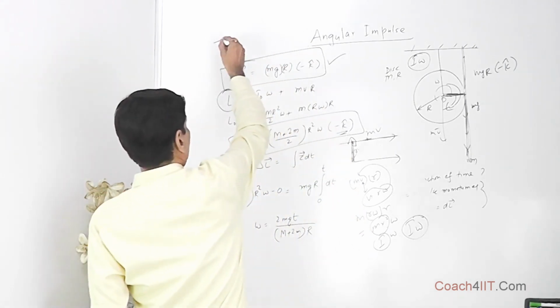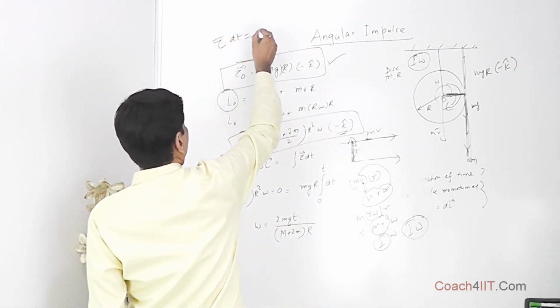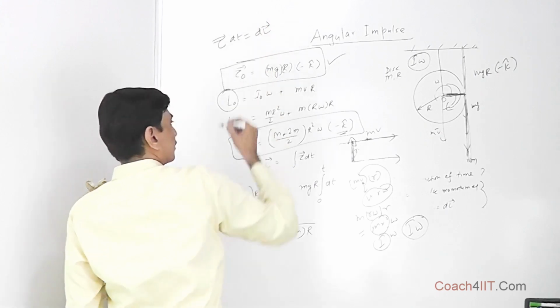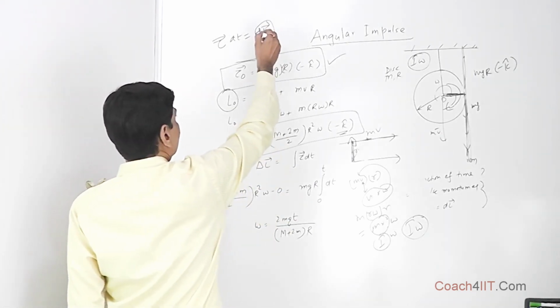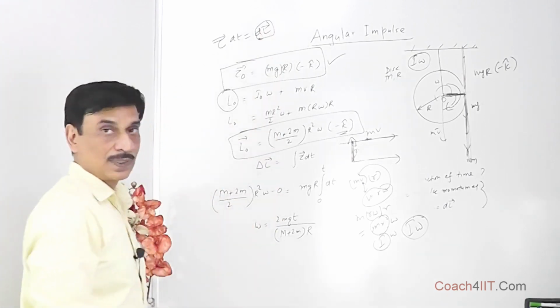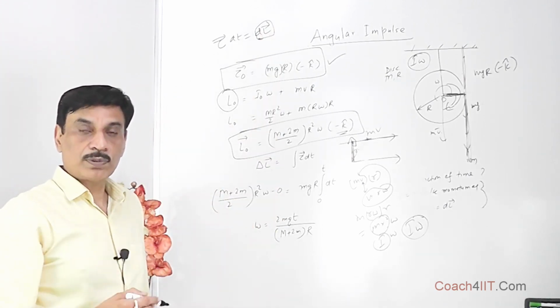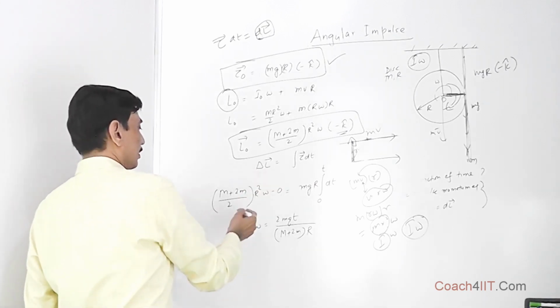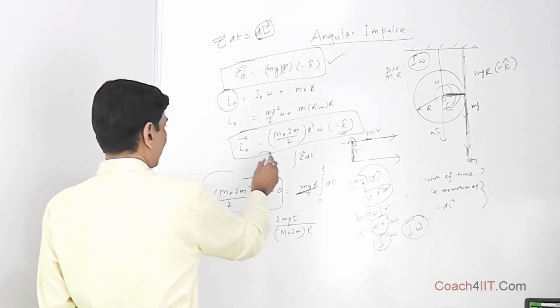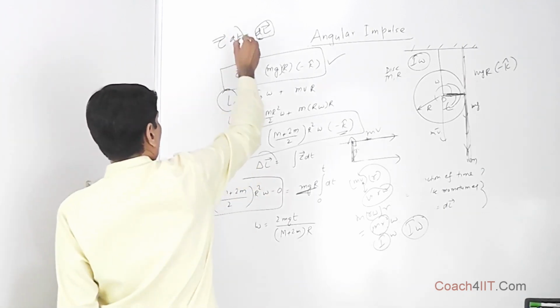Now we can use the equation, torque into dt is equal to dL. Using that equation, the change in angular momentum is equal to the angular momentum final minus the angular momentum initial. The initial angular momentum is 0, so the final is this much, and delta L is this much. Now we are talking of this side.